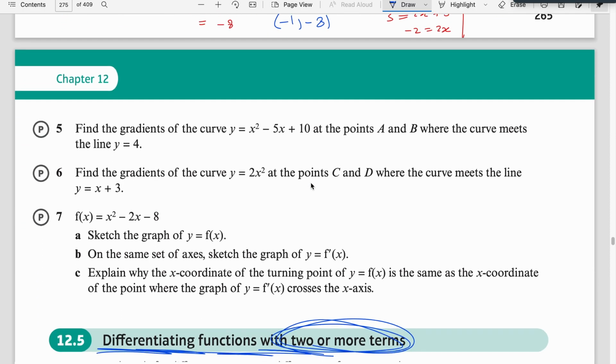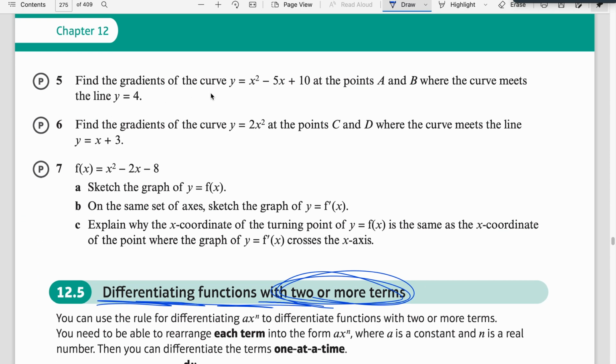Question 5. Find the gradient of the curve. We have to find the gradient for the case where y is equal to x squared minus 5x plus 10, at points A and B, where the curve meets the line y is equal to 4.